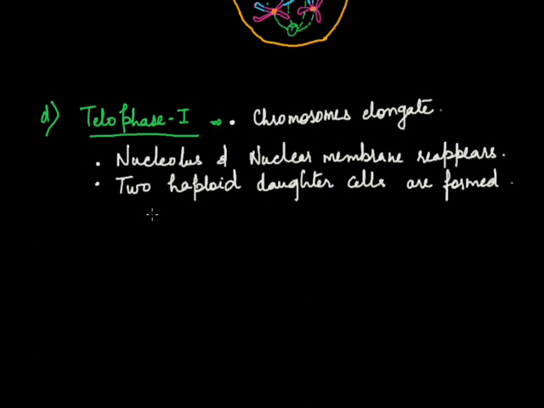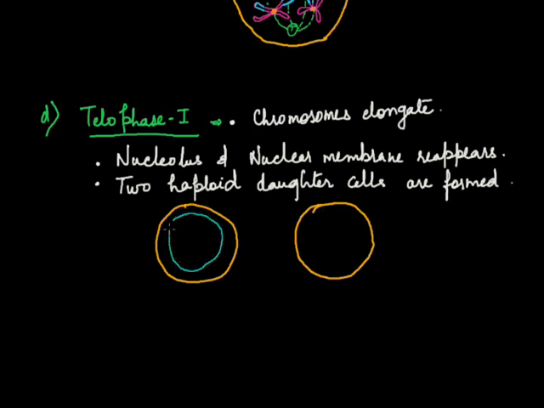So it leads to the formation of two haploid daughter cells.